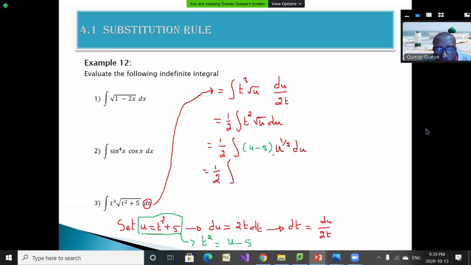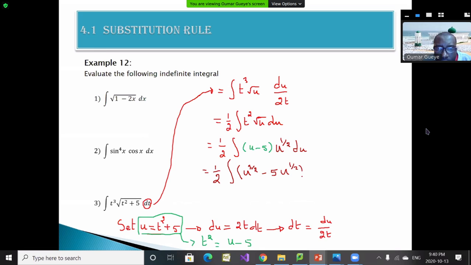So u times u to the power half is going to be u to the power, what do you guys think? 3 over 2. You add the two exponents. So the exponent is 1 here, plus 1 by 2 is going to be 3 over 2, minus 5 times u to the power half.